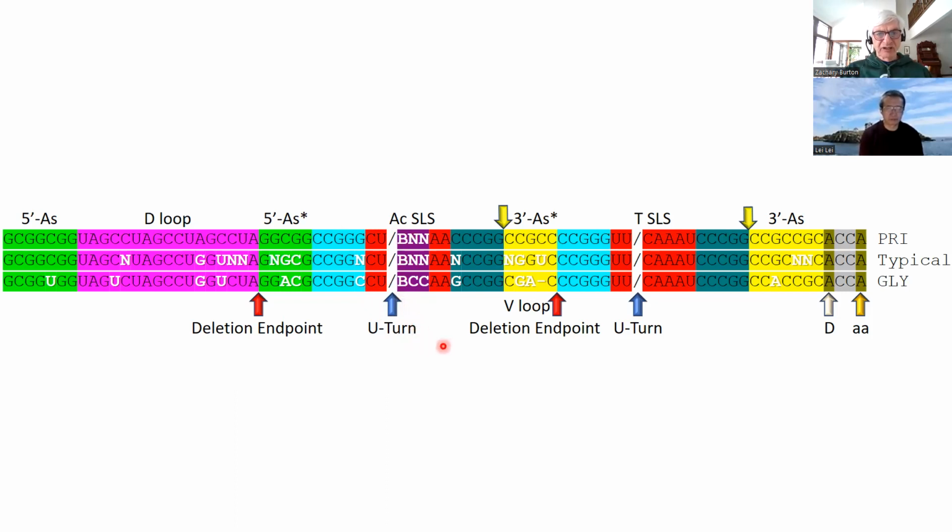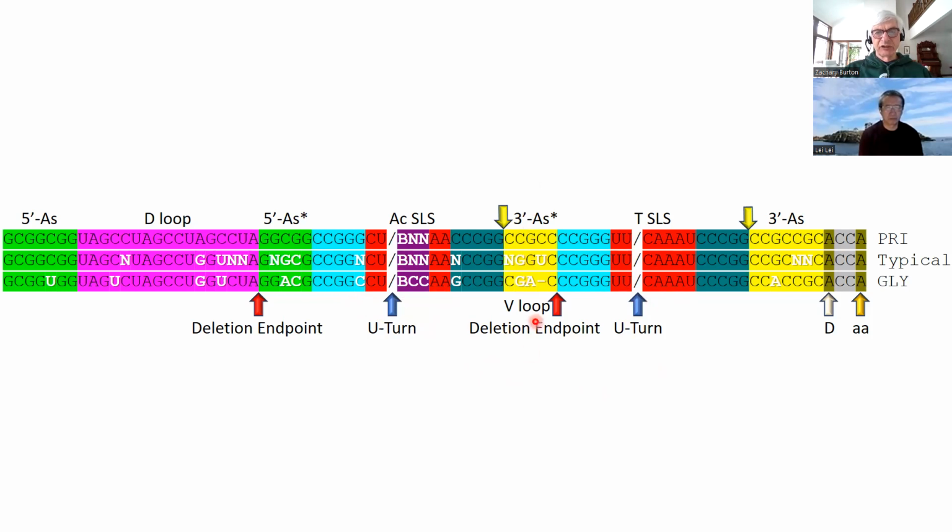Let's see, what else am I thinking of here? Stem-loop-stem, homologous stem-loop-stem, U-turn after a U, 7-mer loop, 7-mer loop. And these sequences that you see here are essentially the sequences from the last universal common ancestor, affectionately known as LUCA.